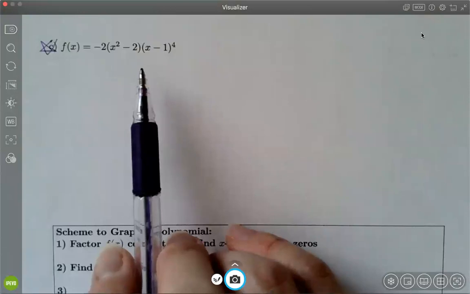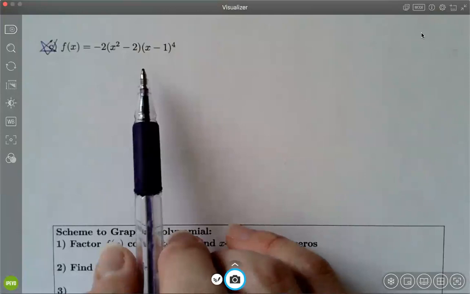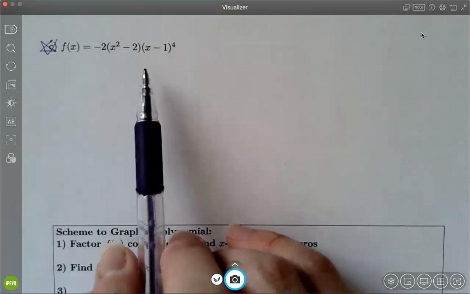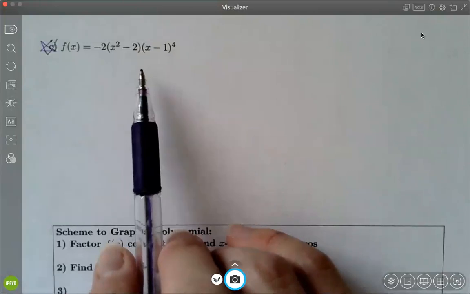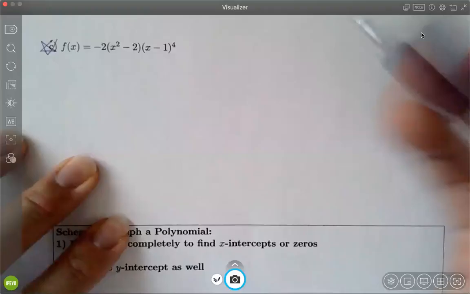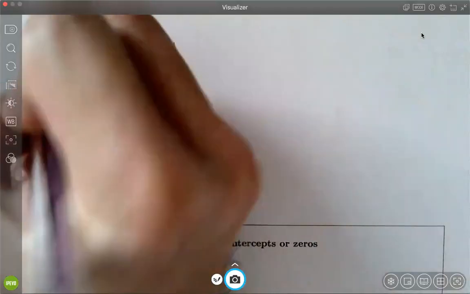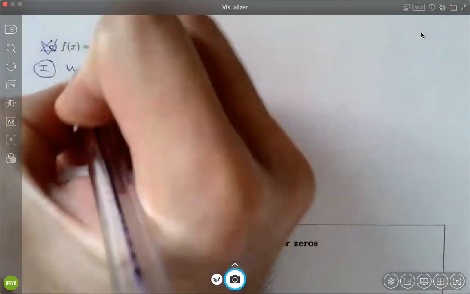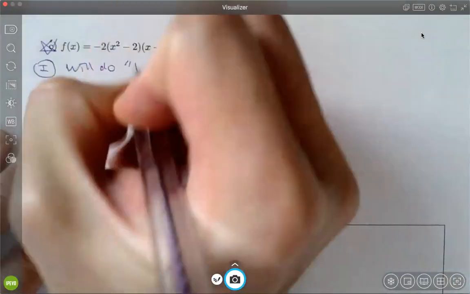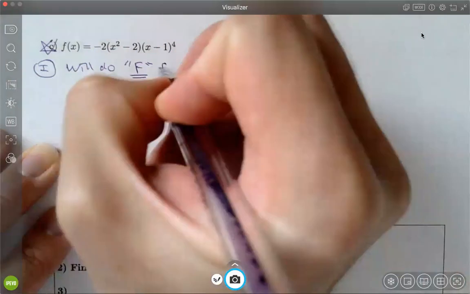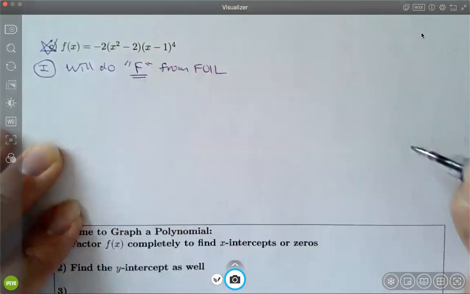People sometimes try to FOIL and most of them are not successful at all, and then they get confused. So instead of FOILing, we will just do the F from FOIL.